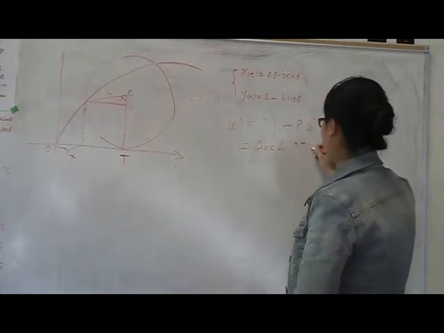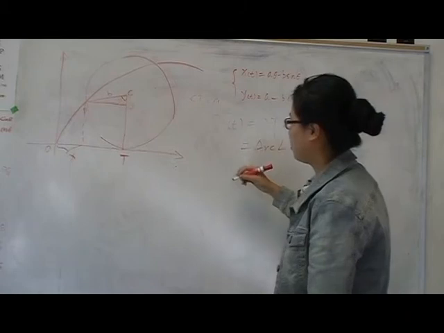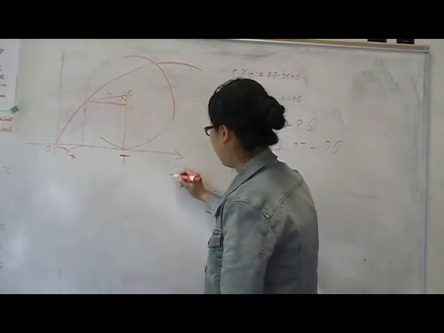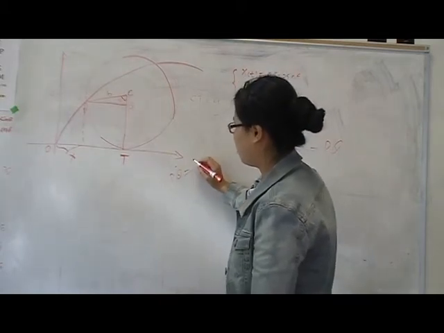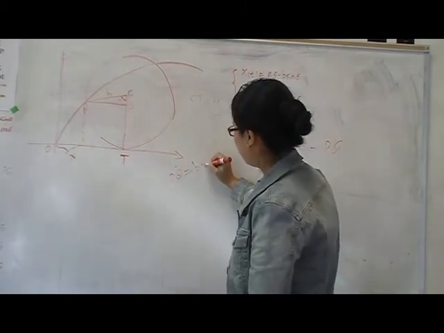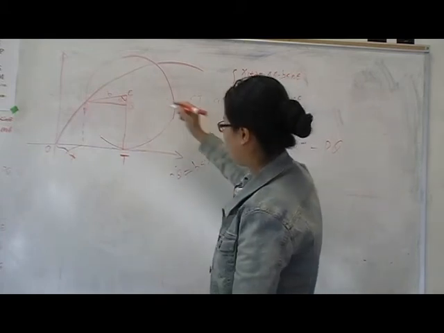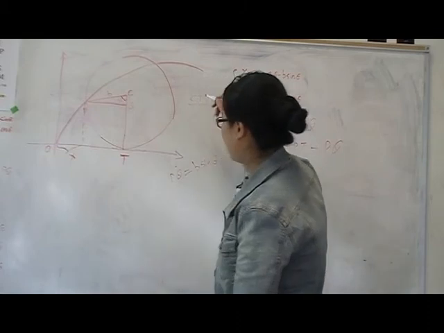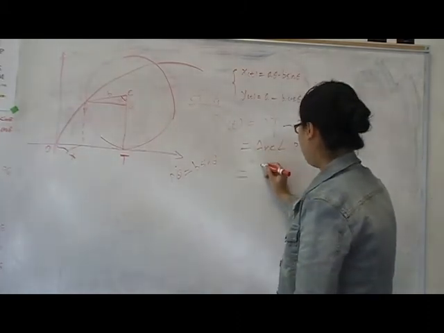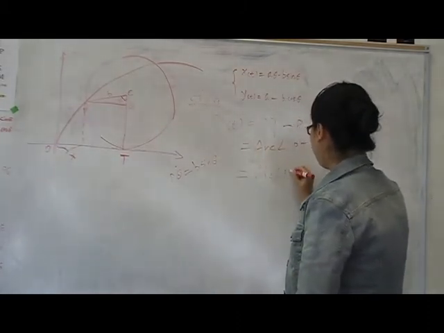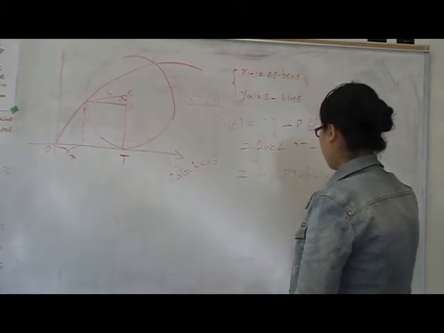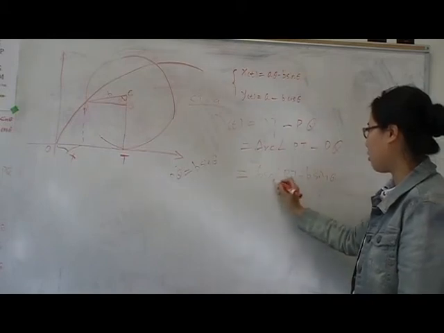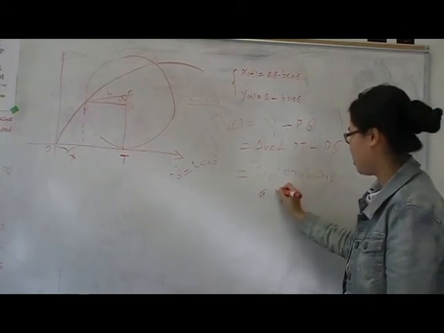And PQ, we just leave it there. And from this triangle, we can see PQ actually equals B sine theta, which, by the way, PC represents B and CT represents A. So we got arc length PT minus B sine theta, and arc length PT is A theta.